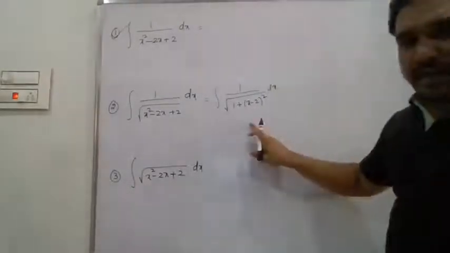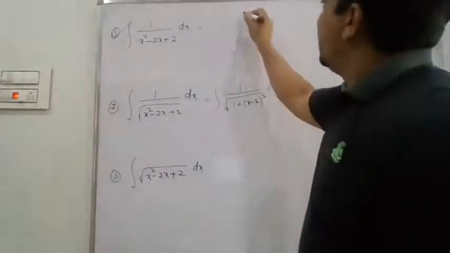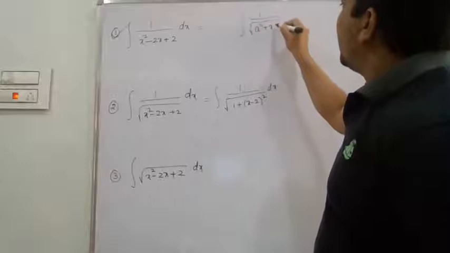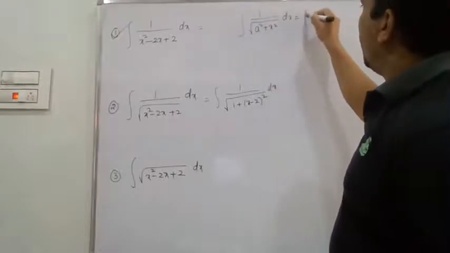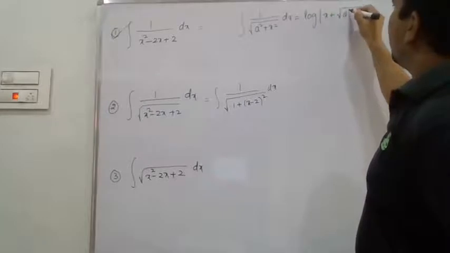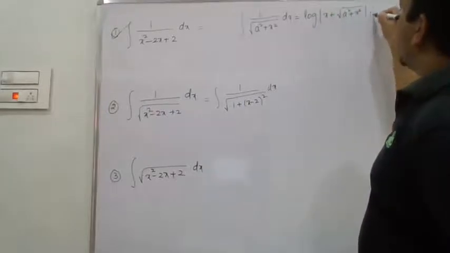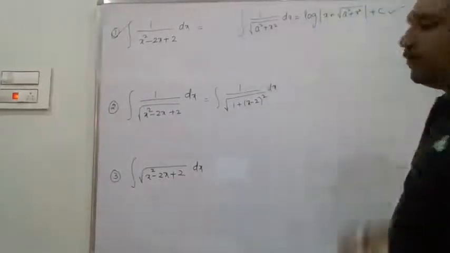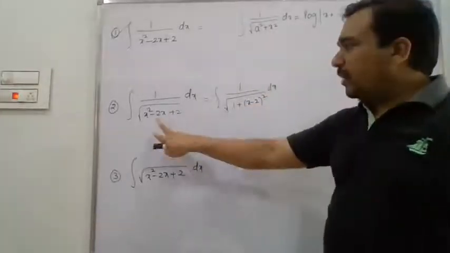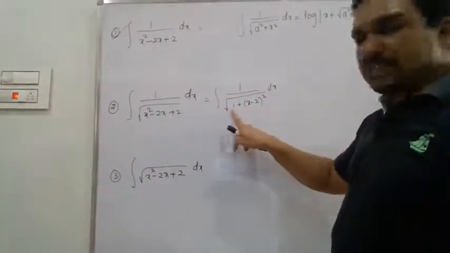Yes, there is a formula. We have discussed that integration of 1 by square root of a square plus x square dx is nothing but log modulus of x plus square root of a square plus x square plus constant. This formula already we have. So depending on that only he gave a question, that's why I wrote this as a perfect square plus a constant.